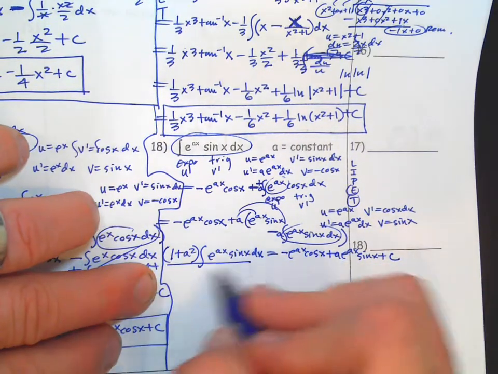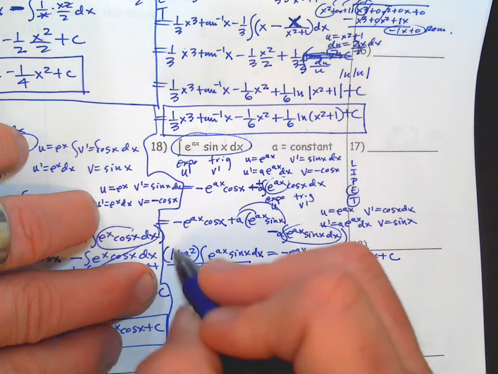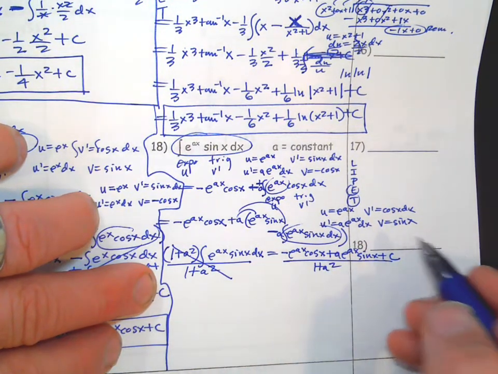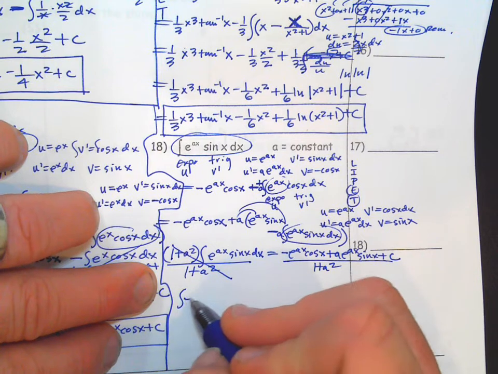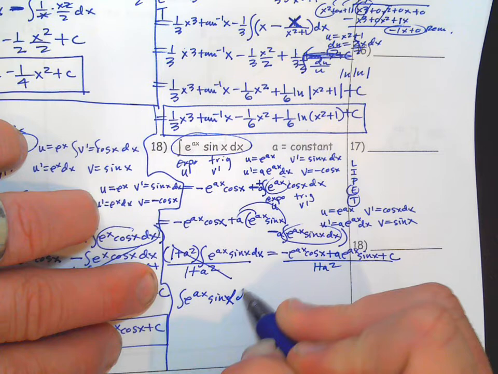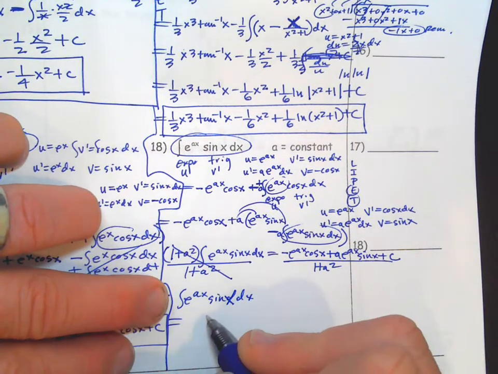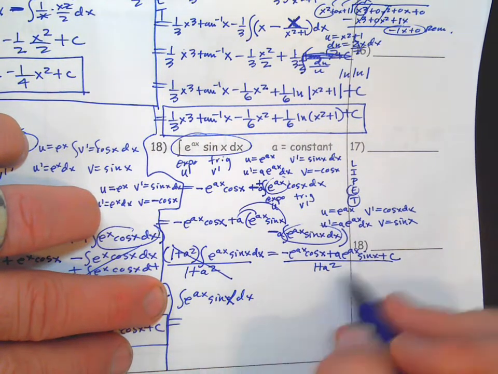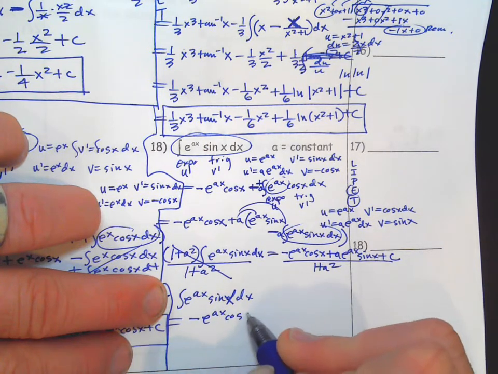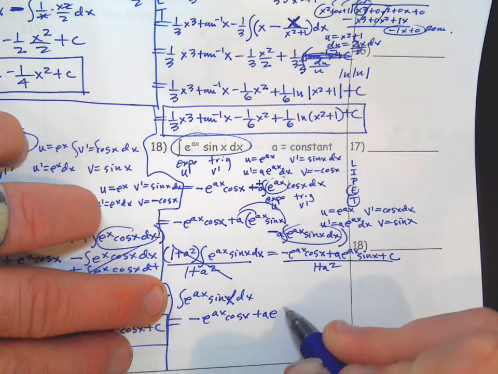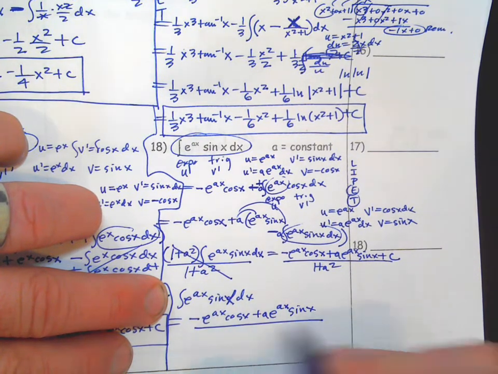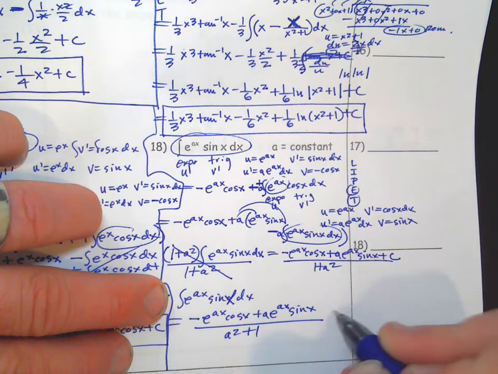So we're going to divide both sides by 1 plus a squared. And so our final answer is e to the ax sine x dx equals, and we could just leave it all divided. We could just say negative e to the ax cosine x plus a e to the ax sine x divided by a squared plus 1 plus c afterwards.